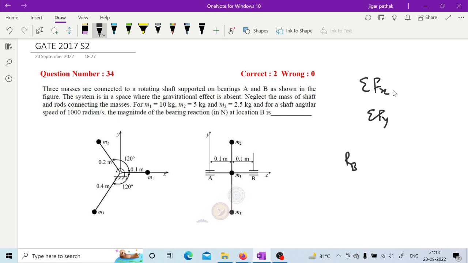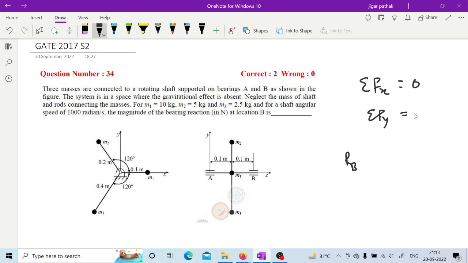Sir, why should we neglect the omega square? Because omega is the same for all the components, and when you go for this it will not affect. Sir, will it be zero for both cases?